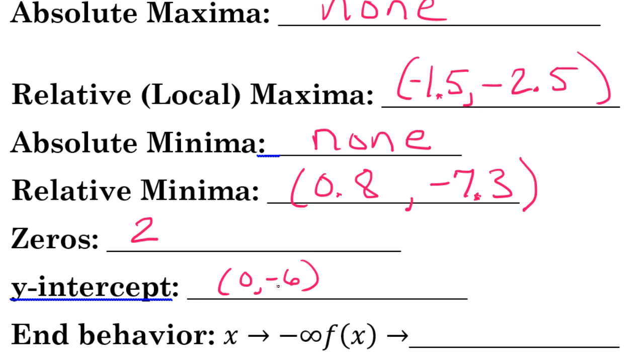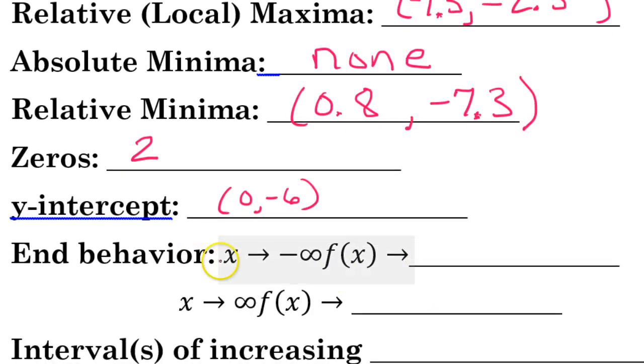Alright, now end behavior. As x approaches negative infinity, that's a fancy way of saying what happens on the left. And then it says as x approaches positive infinity. This is a fancy way of asking what happens on the right. Okay, to the function, to what happens to the y values.